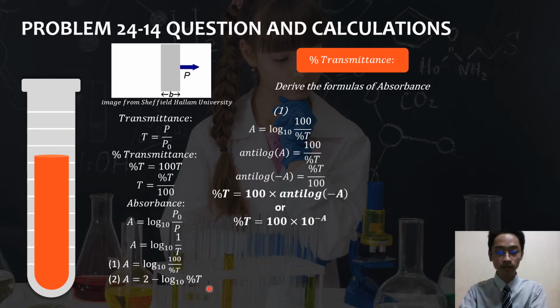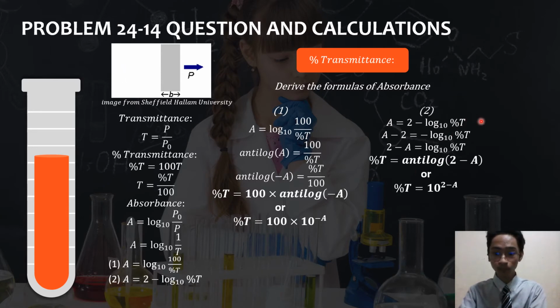Now deriving the second formula, A is equal to 2 minus log of percent T. We subtract 2 from both sides. We get A minus 2 is equal to negative log of percent T. Now dividing both sides by negative 1, we eliminate the negative sign.